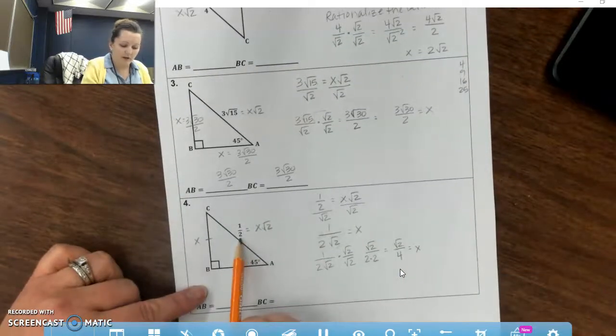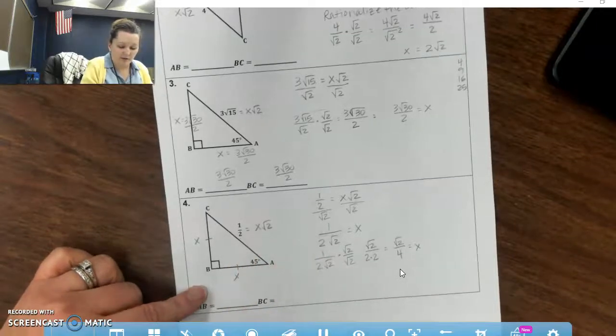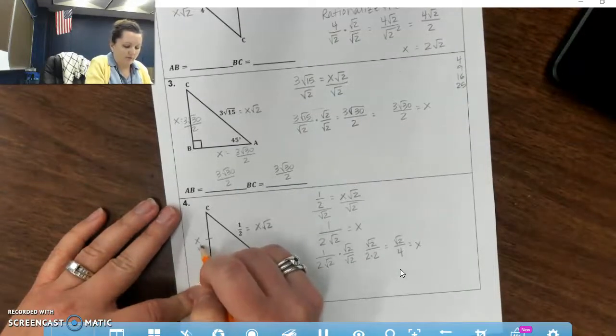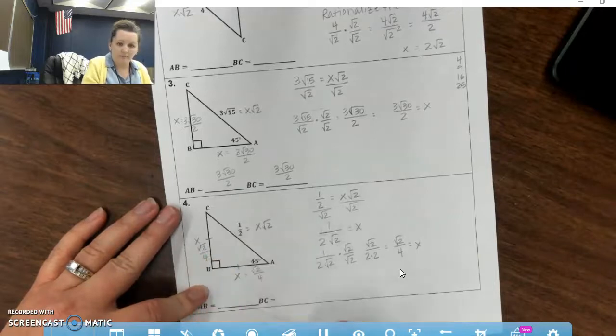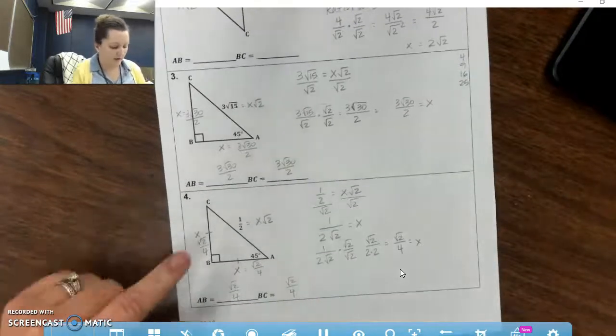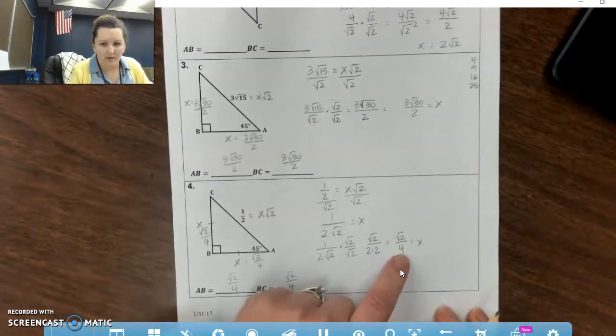So if 1/2 is my hypotenuse value, then my leg values are square root 2 over 4 and square root 2 over 4, right? Square root 2 over 4, square root 2 over 4 for BC. Okay, think about that. That makes sense, right?